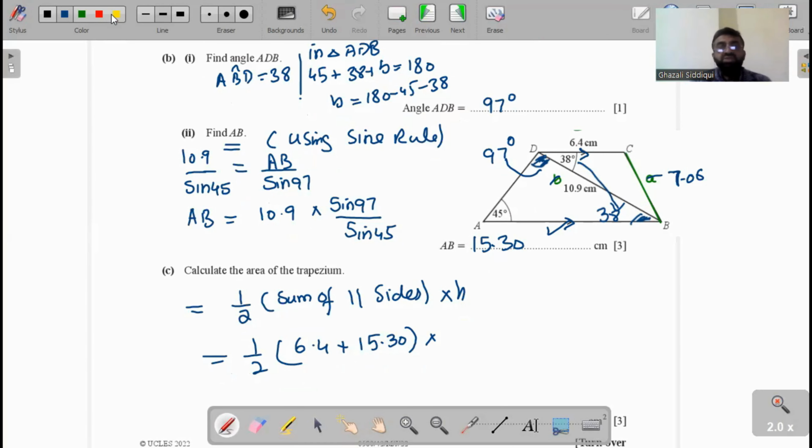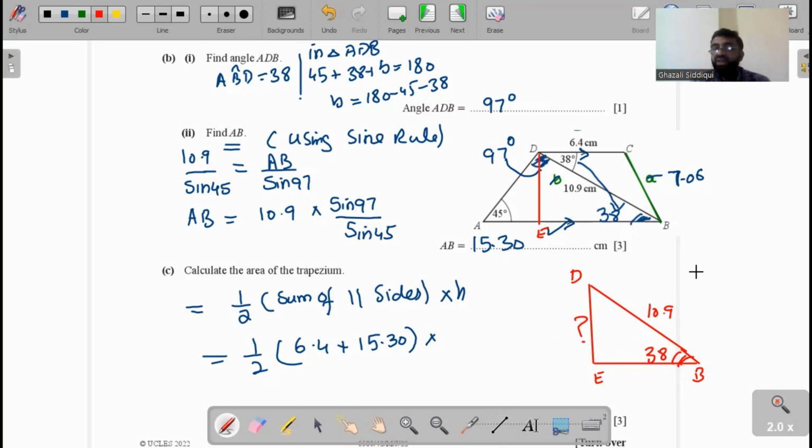Now the height of this trapezium, suppose this is the height, and it intersects at point E. That is the triangle we get. In this triangle, we see that DE, and this is B, and that is 38 degree angle, and that is 10.9. Now we have to find this length, DE.